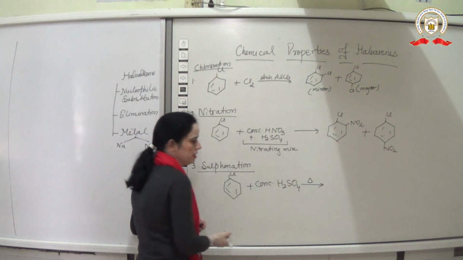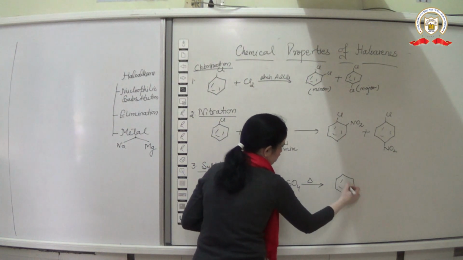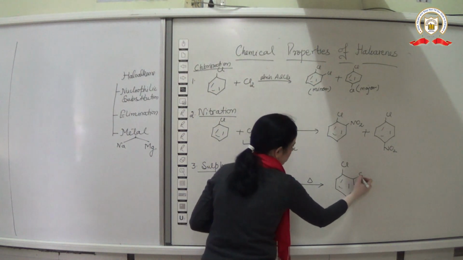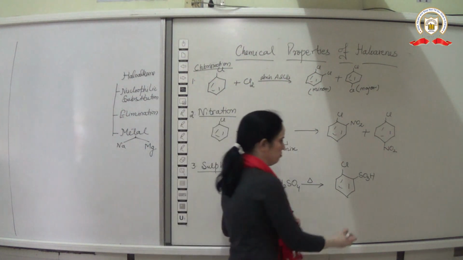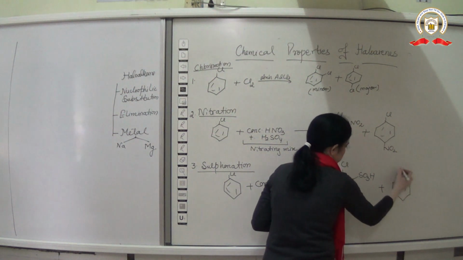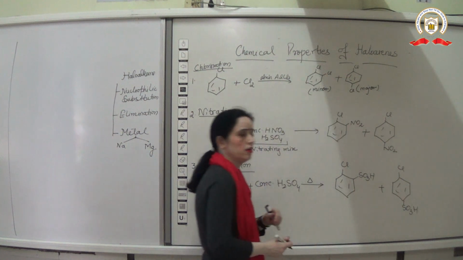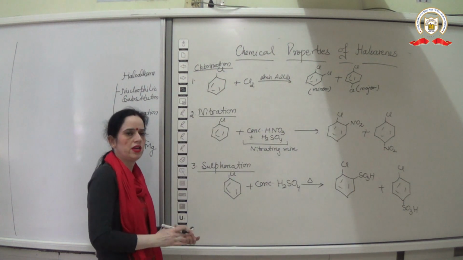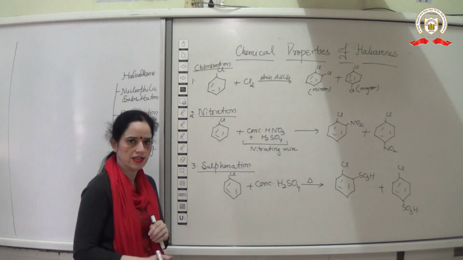Heating is followed simultaneously. What we will get is Cl with SO3H, and another time Cl with the SO3H sulfonic group on the para position. Remember that the ring with an SO3H group is known as benzene sulfonic acid.